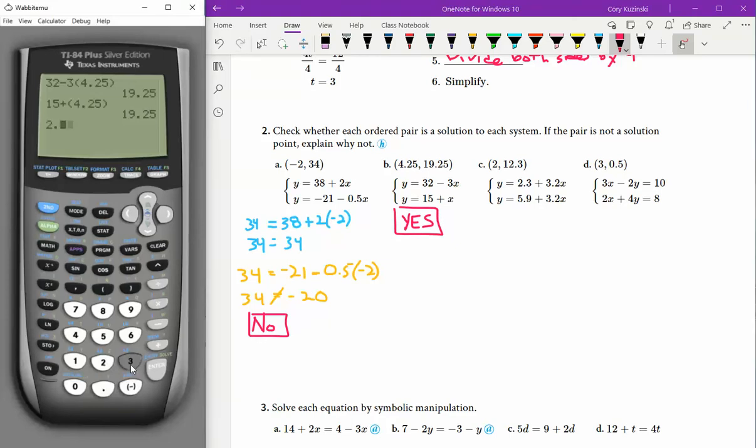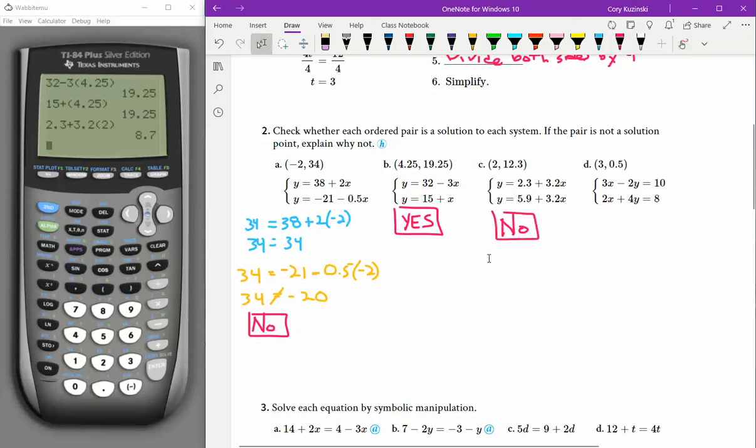All right, on to the third one, 2.3 plus 3.2 times, what's our x value this time? 2. And that gives us 8.7. Well, we wanted it to be 12.3, so this one doesn't even work in the first equation. So we'll say no, because the point does not satisfy the first equation.